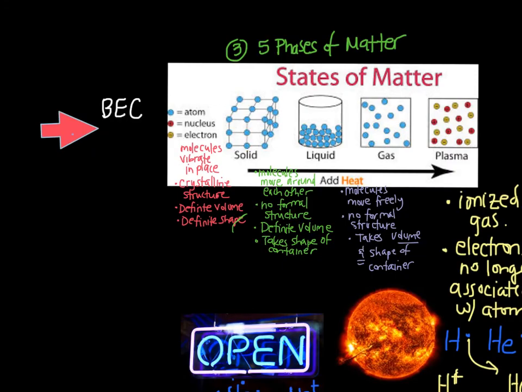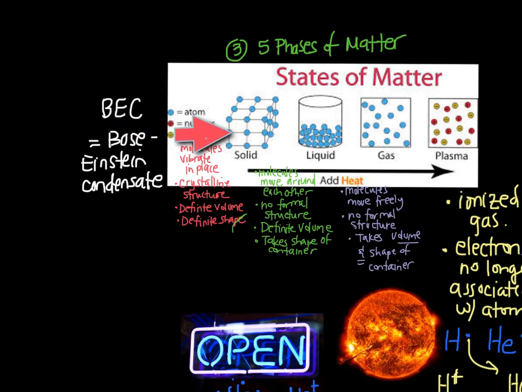And there's one actual final state of matter that we've known about for quite some time called a BEC, which stands for Bose-Einstein Condensate. A Bose-Einstein condensate is less than a solid. And what I mean by that is it comes before solid in this range. It's a solid that's been cooled to such low temperatures that the atoms almost stop moving.